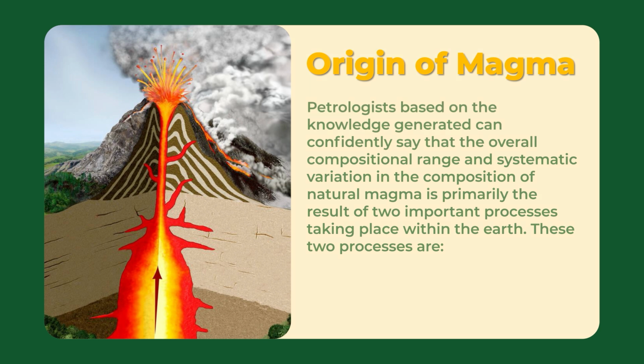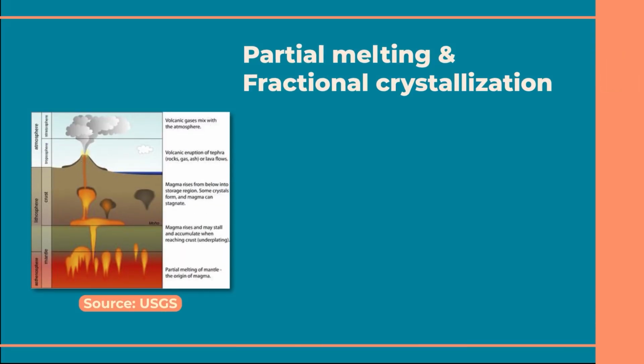Petrologists, based on the knowledge that has been generated, confidently say that the overall compositional range and systematic variation in composition of natural magma is primarily the result of 2 important processes that take place within the earth: partial melting and fractional crystallization.